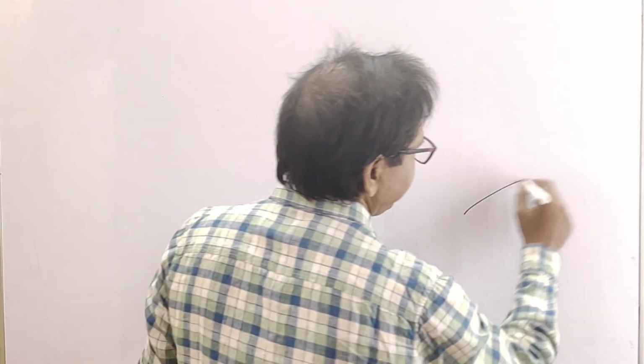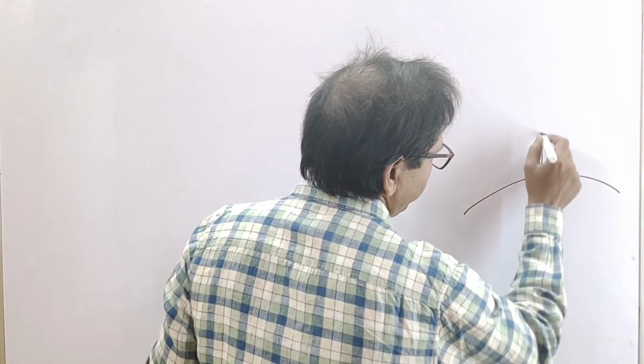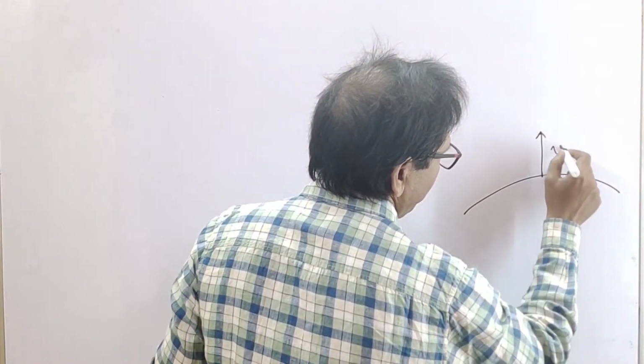Now there is an important relation which helps us to solve the numericals relating to velocity of the body. This relation is the conservation of energy. Suppose this is the earth surface, a body projected from the earth surface with velocity v1.